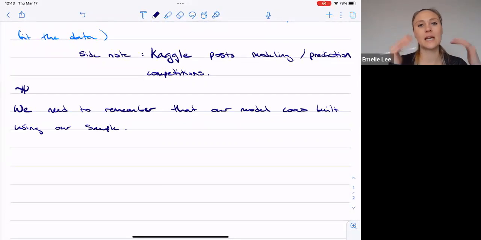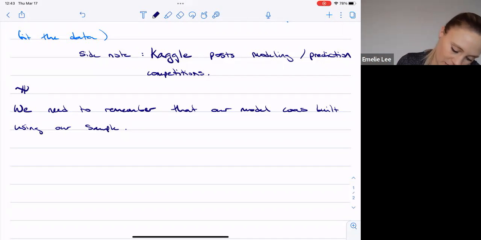And so to get an accurate model assessment, ideally we need to build our model on a separate sample and then test it against some other data, right?